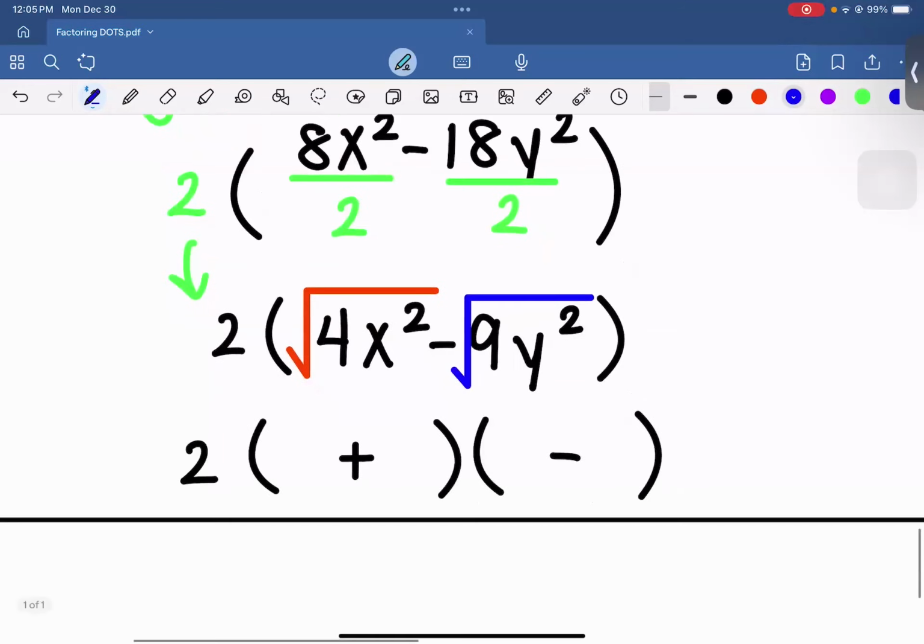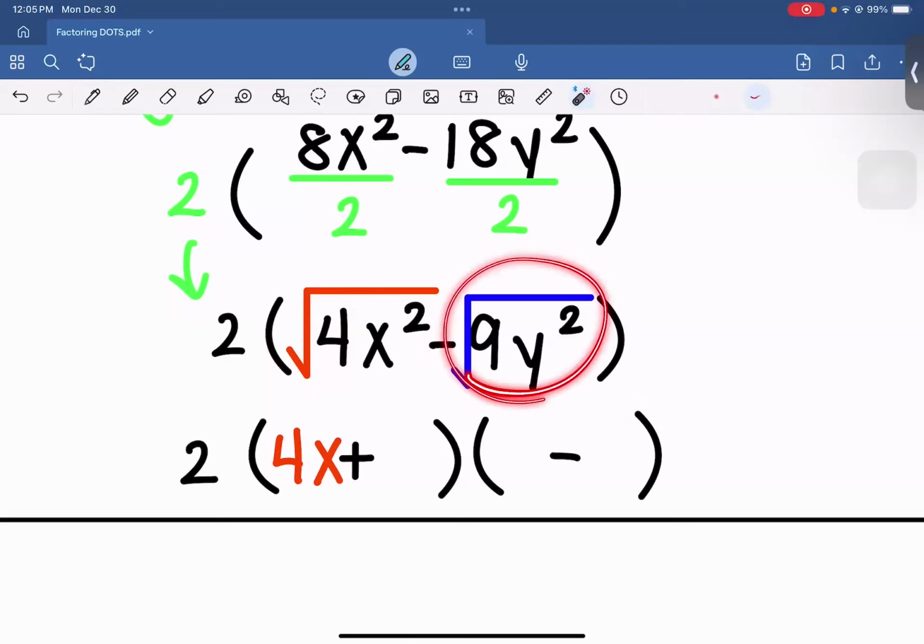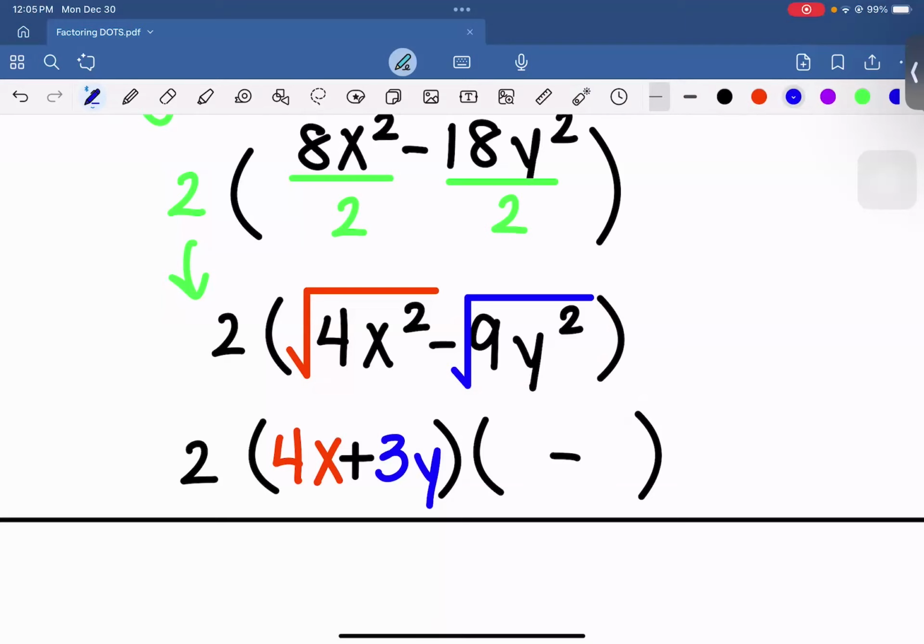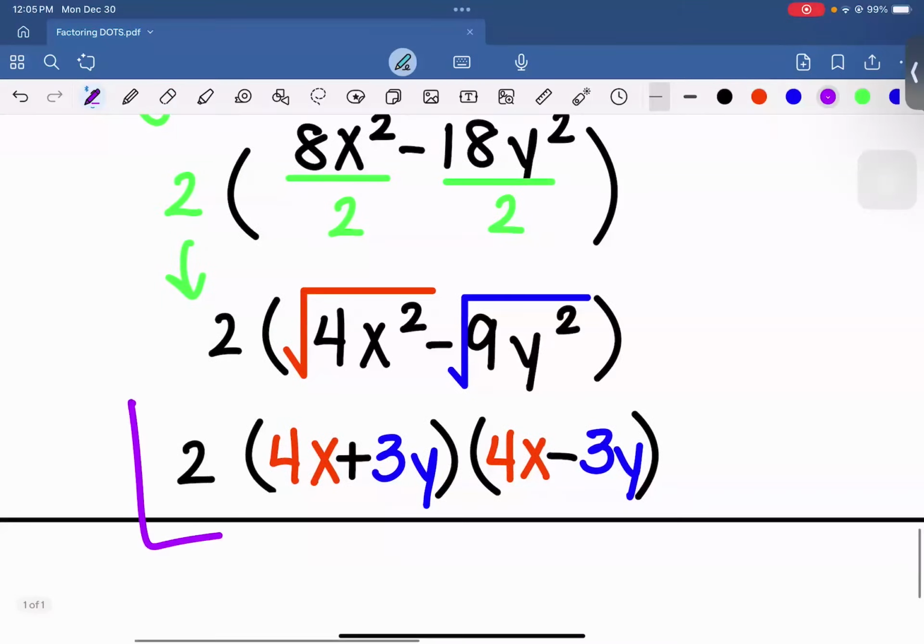So now here, the square root of 4x squared should be 4x. The square root of 9y squared should be 3y. And literally, I'm just writing the same thing on the other side. 4x, 3y. And boom. We are good to go.